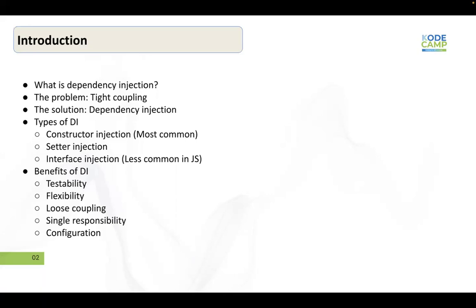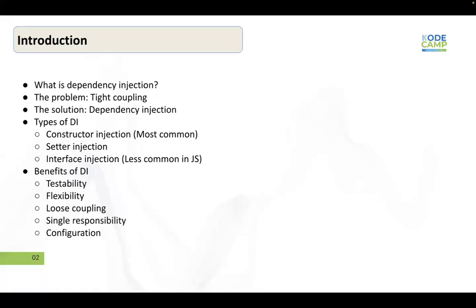So why do we even need dependency injection? Why can't we just do things the way we want without stressing ourselves?